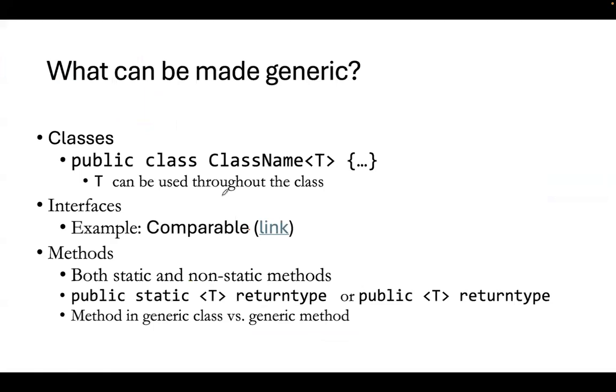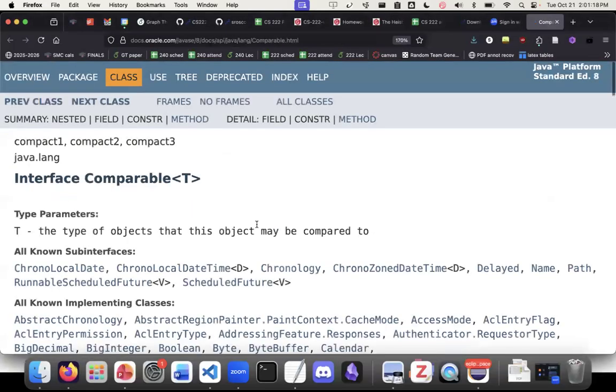All right, so in terms of what can be made generic, we can make classes generic, where we put this angle bracket T after the class name. We can make interfaces generic. I've got a link here. This is from the Oracle documentation where they have made this Comparable interface generic to allow for us to compare one type of object with another.